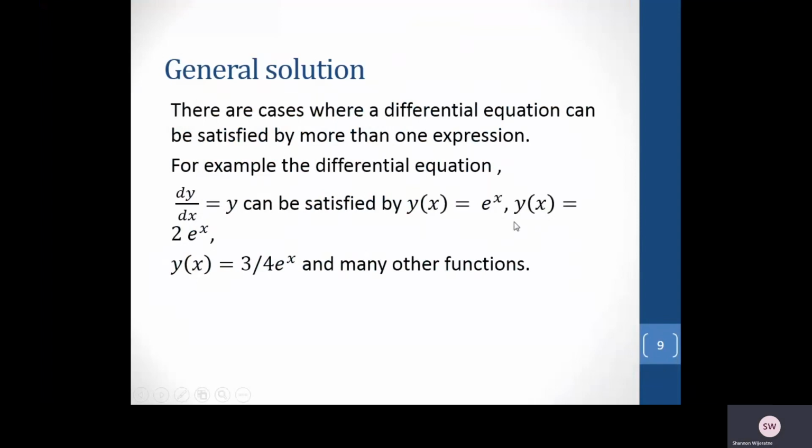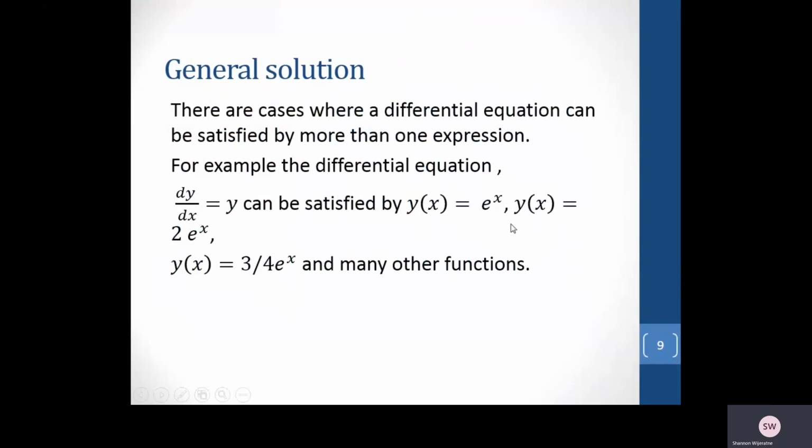Or if y equals 2e to the x, where the exponential function is multiplied by a constant, the derivative is again the same as this function. Or y equals 3 over 4 e to the x, where 3 over 4 is the coefficient, and many other functions of this type.